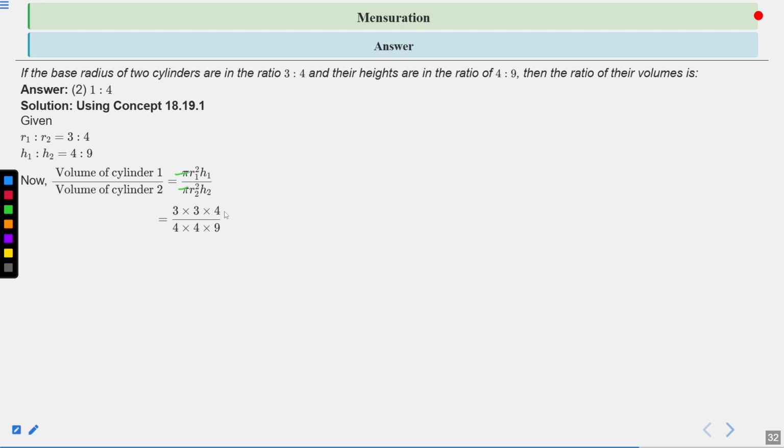So 3 into 3 into 4 upon 4 into 4 into 9. 3 threes are 9, 9 is cancelled out, 4 is cancelled out. So we get the ratio 1 upon 4. So the ratio of the volumes of cylinder 1 and 2 becomes 1:4. So second is the correct answer of this question. Next one.